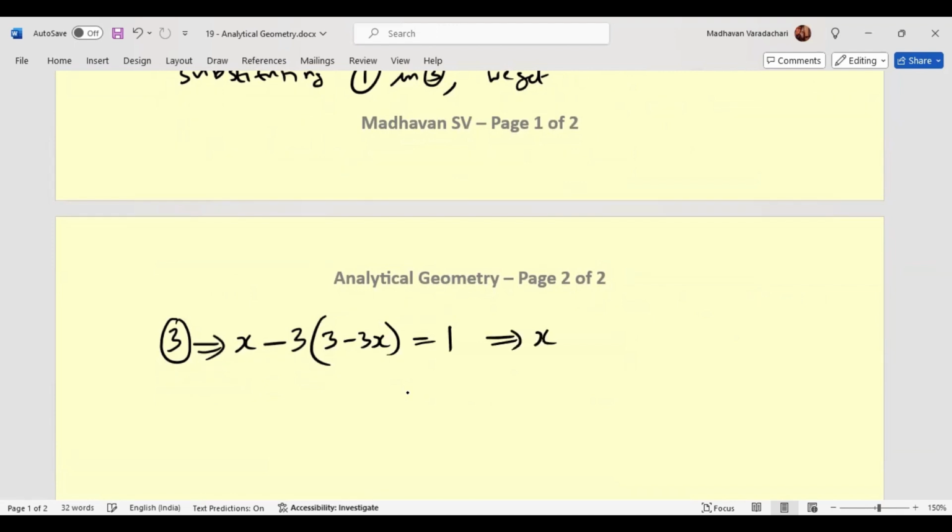That means x minus 9 plus 9x equal to 1. That means 10x equal to 9 plus 1, 10. You get x as 1.